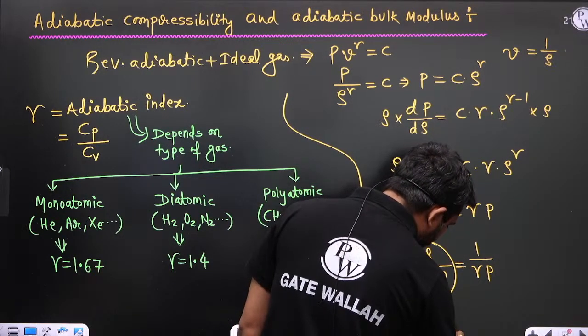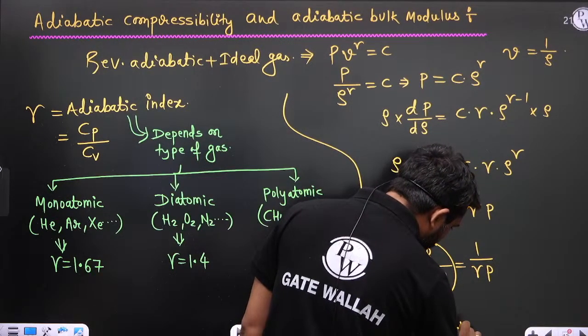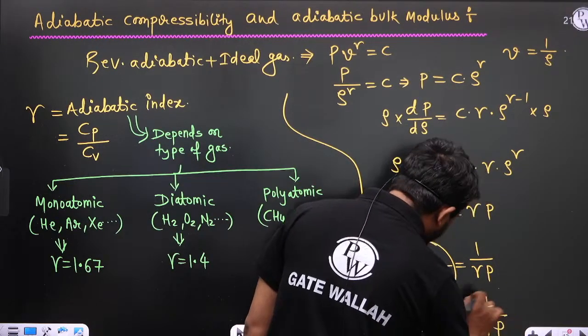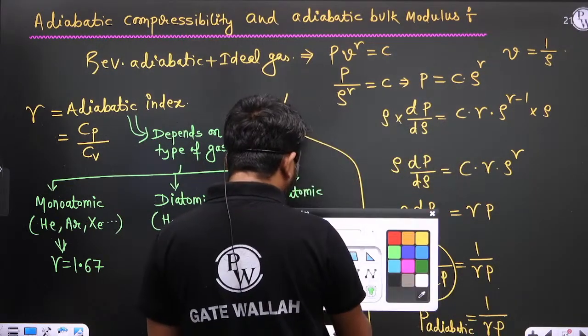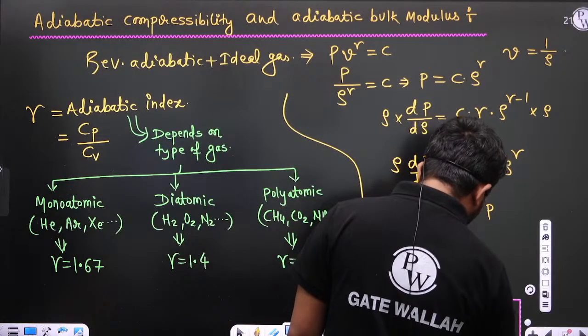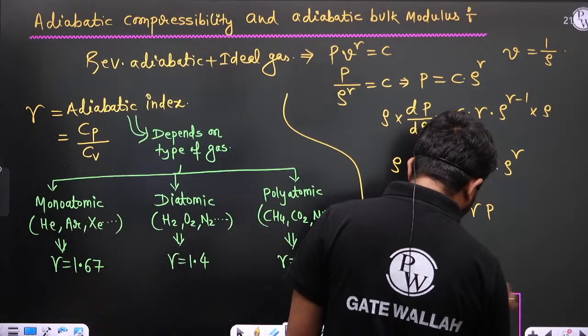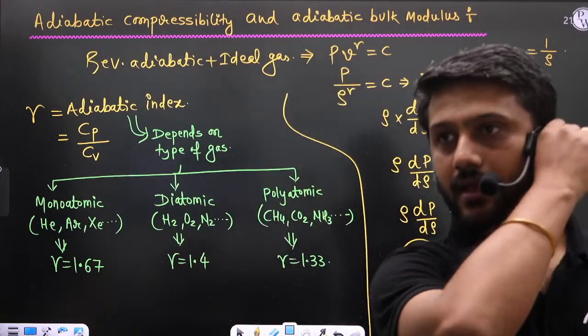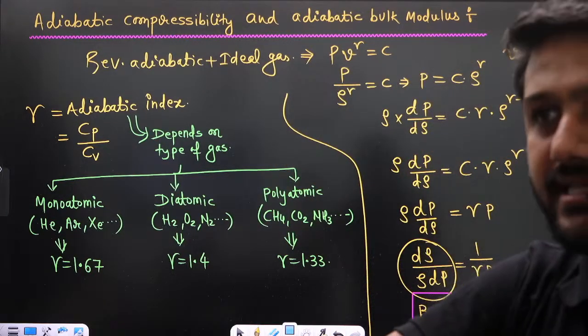Since we are talking about the adiabatic condition, beta for the adiabatic condition is 1 upon gamma P. This is the adiabatic compressibility.